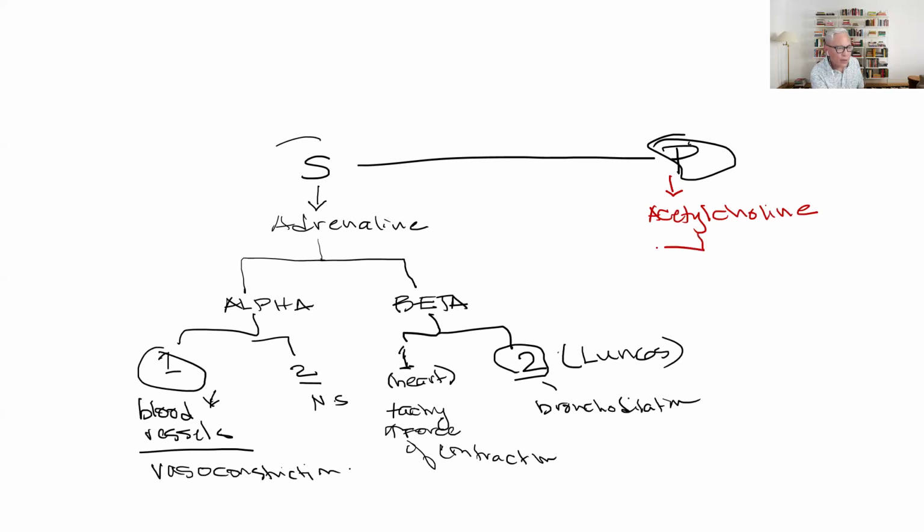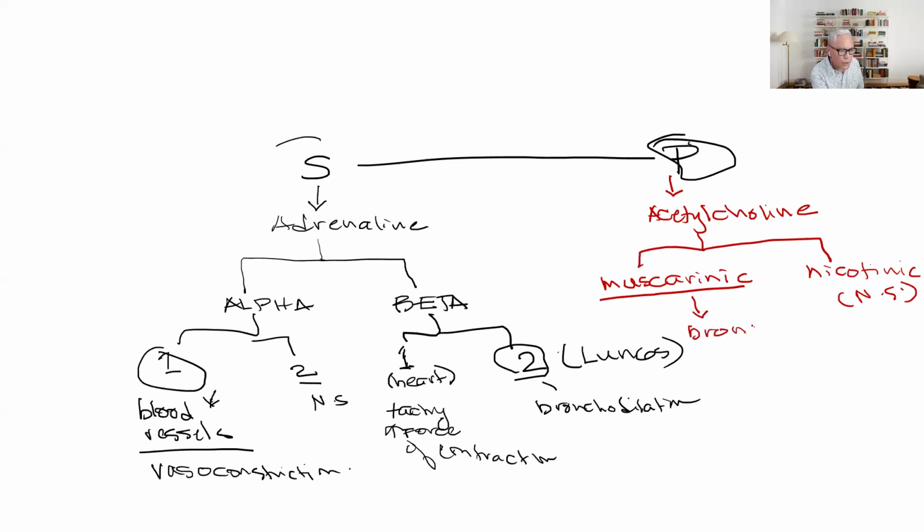And acetylcholine can enter into two types of doors, muscarinic and nicotinic receptors. The nicotinic is more abundant in the nervous system, but the muscarinic is going to be abundant in the bronchioles, and it causes bronchoconstriction.